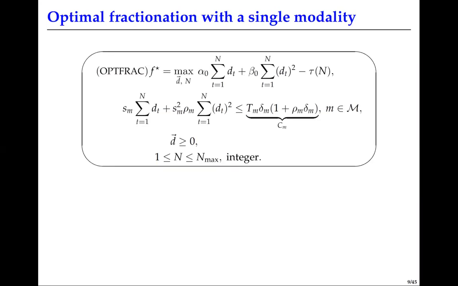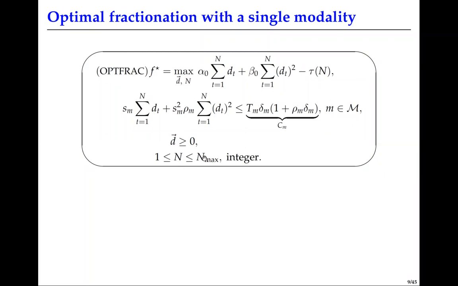The optimal fractionation problem within the LQ dose response framework with a single modality is usually formulated in this form. So let's look at what the problem is. I'm going to call this problem opt-frac for optimal fractionation. The decision variables in this problem are n, which is the number of treatment sessions, between 1 and some maximum possible number of treatment sessions.